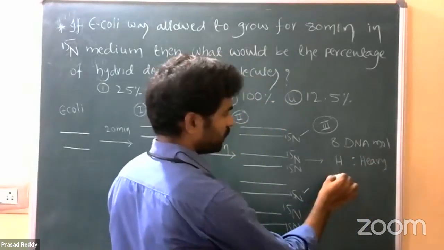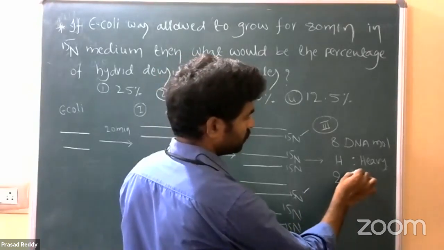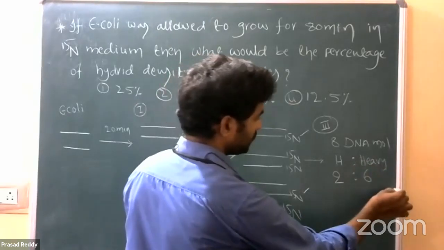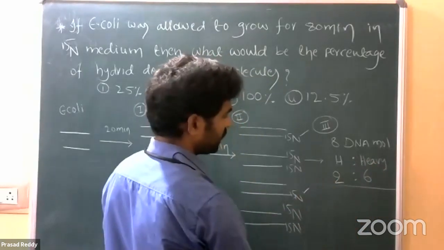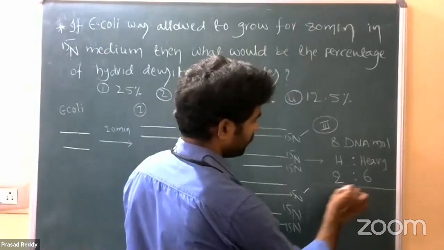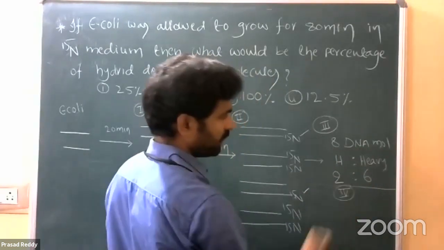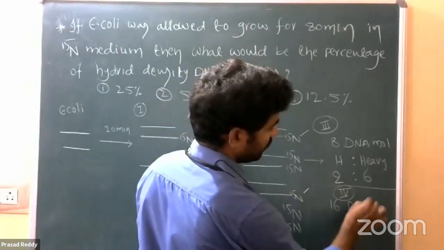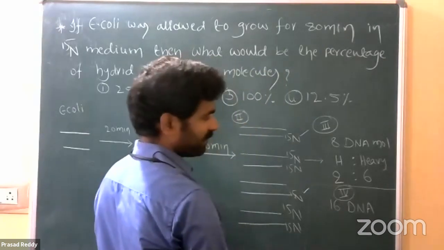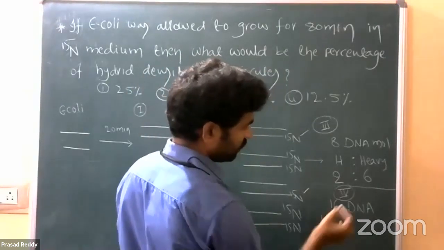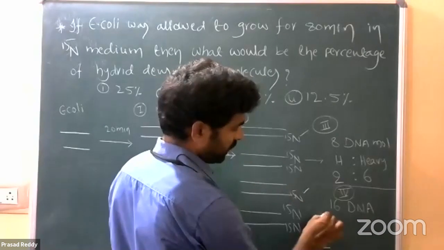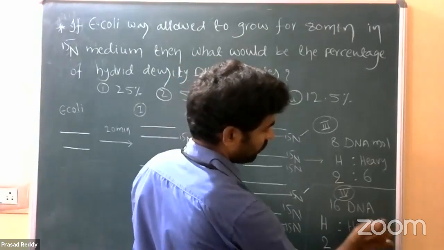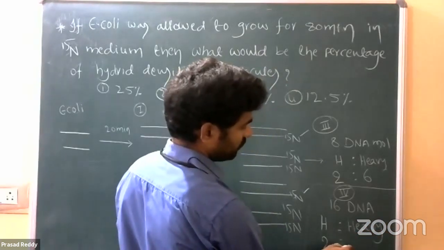Better to take the fourth generation again. They become double, 8 DNA molecules into 16. In 16 DNA molecules, hybrid DNA molecules are 2 and heavy DNA molecules are 14.